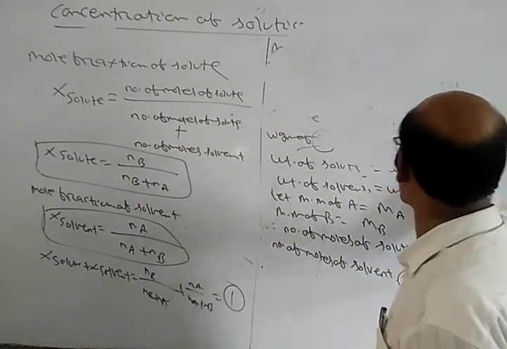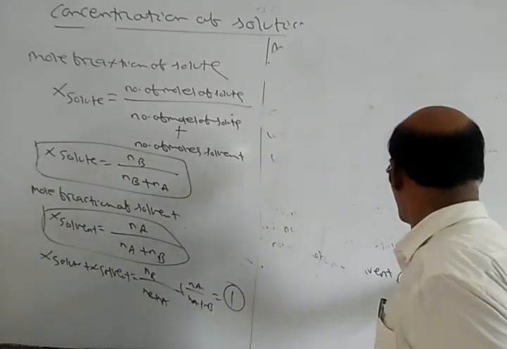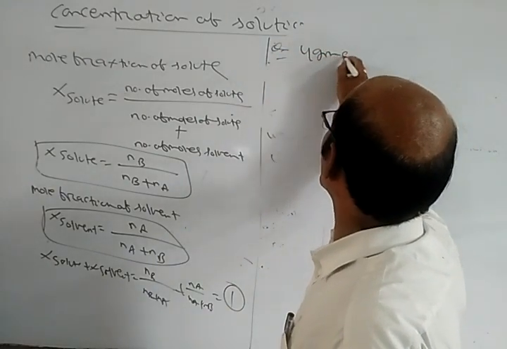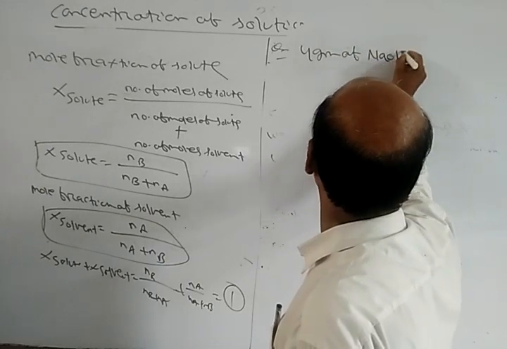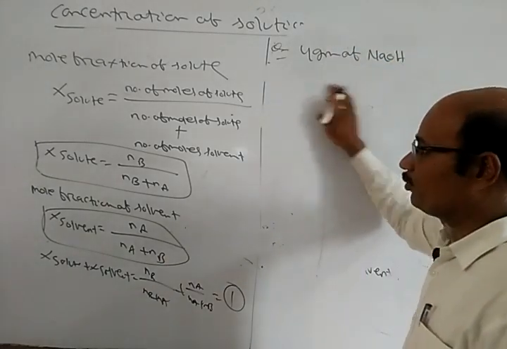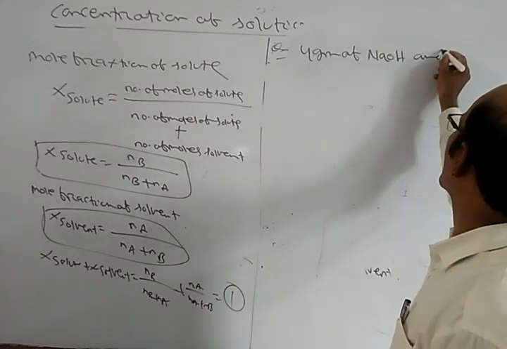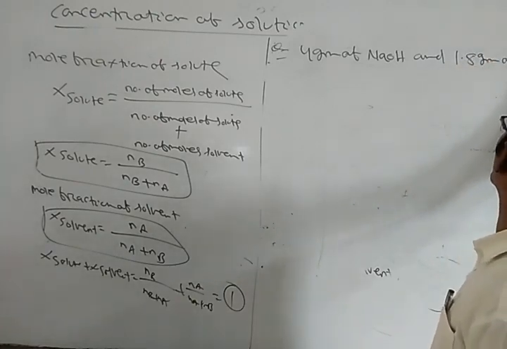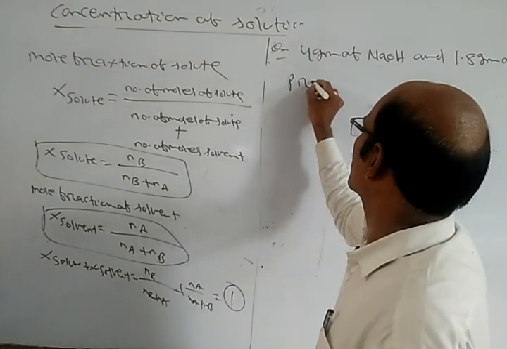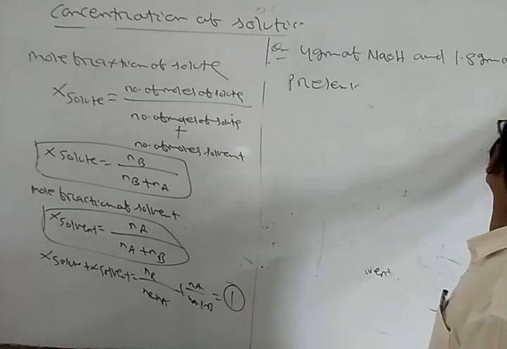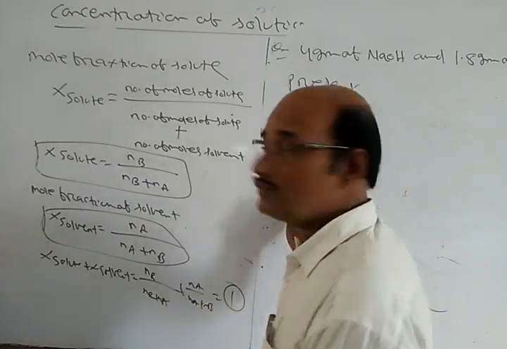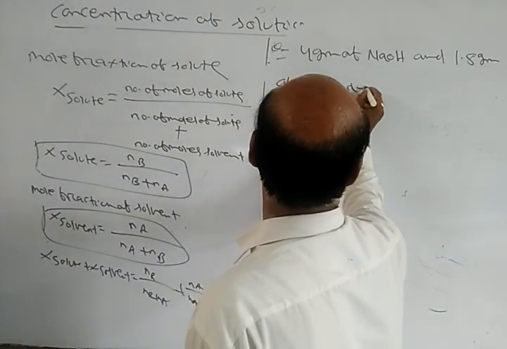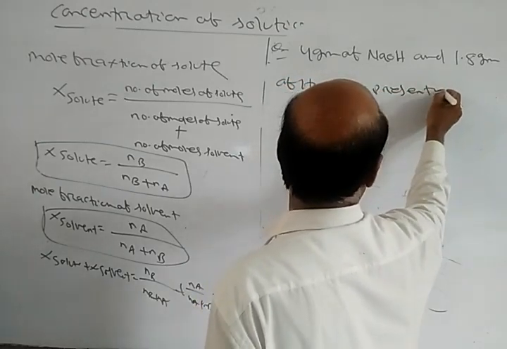Suppose we get a question now. 4 gram of NaOH and 1.8 gram of H2O are present in a solution.